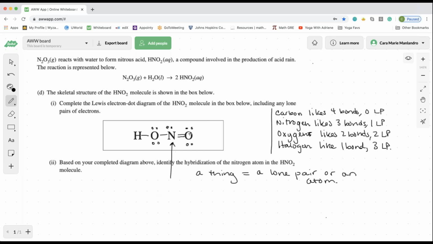So 3, right? You have 2 oxygens and a lone pair. So 3 things. For those 3 things, you need 3 orbitals, so you need S, P, and P. Then I combine those to be sp2. That's how you determine the hybridization.